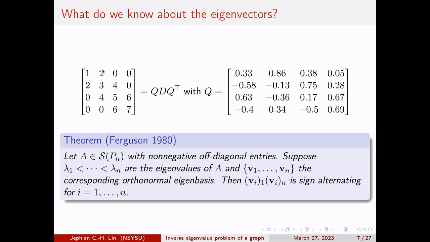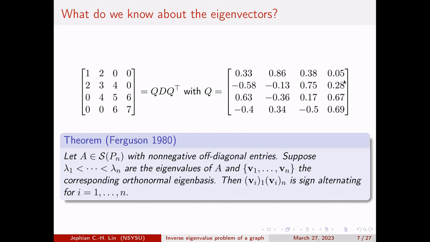So if I have a matrix from S of Pn and the off-diagonal entries are all positive, then I can do the diagonalization with all real eigenvalues, and the eigenvectors are orthogonal. Suppose that I arrange the eigenvalues from small to large, and I also arrange the eigenvectors correspondingly, then it looks like this. Each column corresponds to an eigenvector.